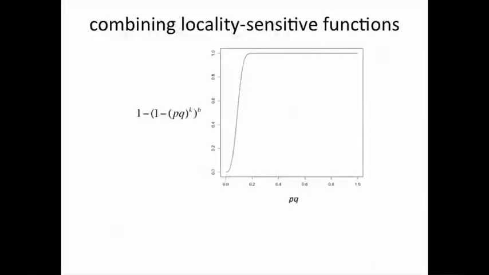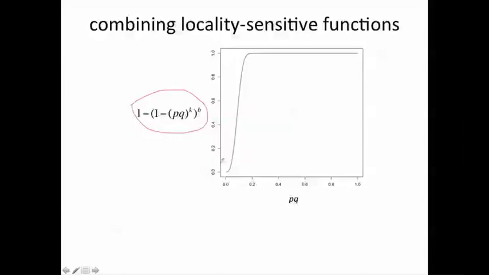The power of locality-sensitive hashing is closely related to the behavior of this particular function, 1 minus something to the power k, which is then raised to the power b, and then again subtracted from 1.